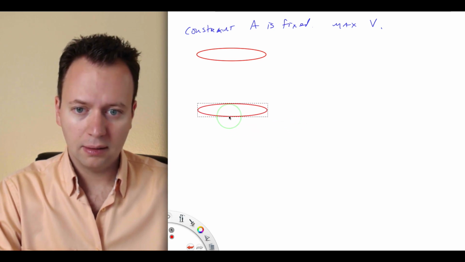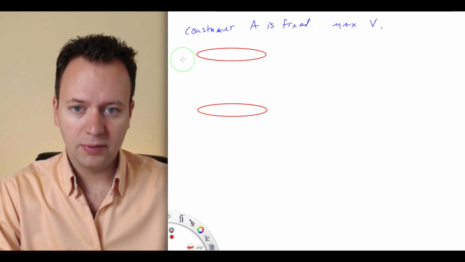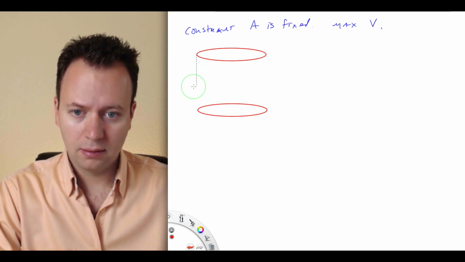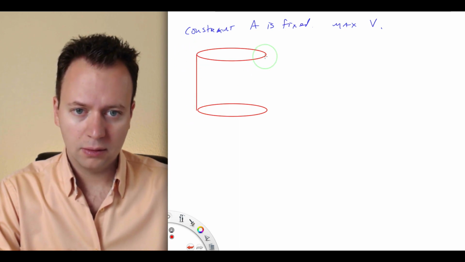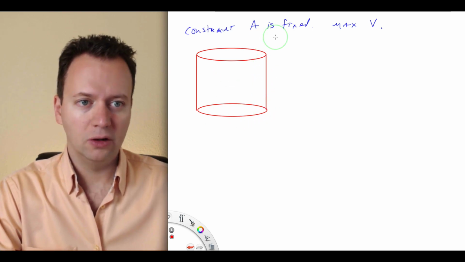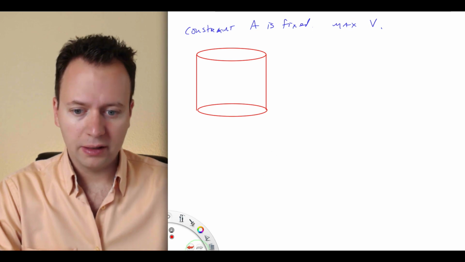Let's draw some sides. More or less like this. The bottom is a little off, but you get the idea. There's the can.